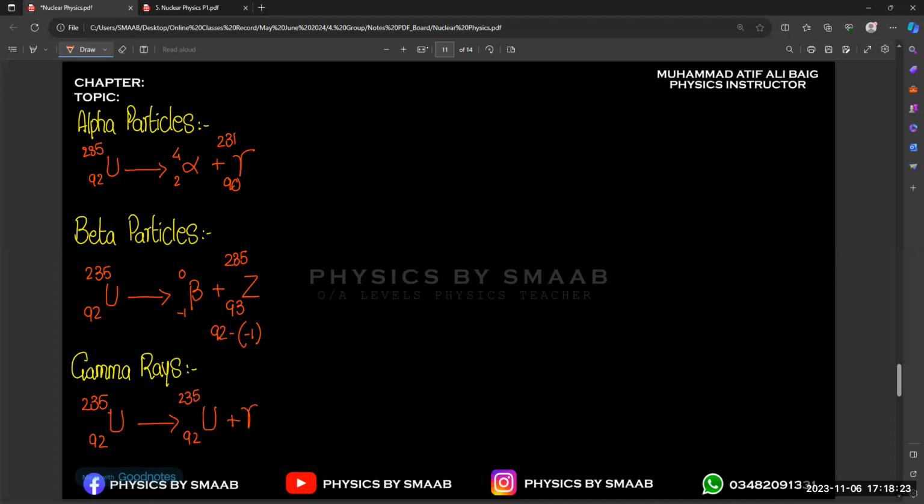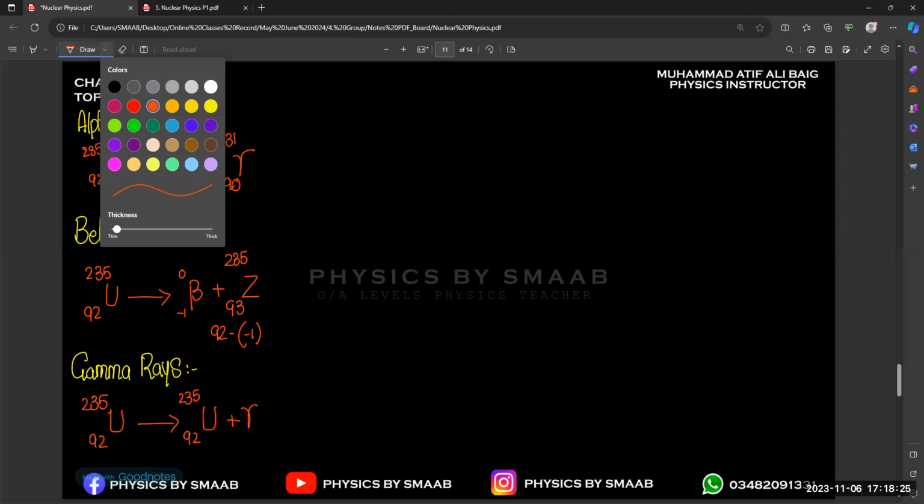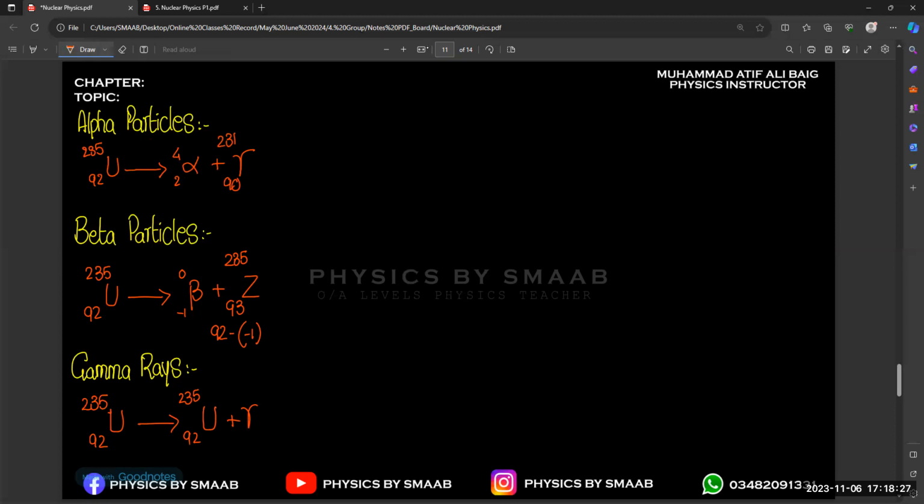So what is the difference between the first uranium, before the reaction, and after the reaction? The difference is that this state of the uranium will be the stable state, right?